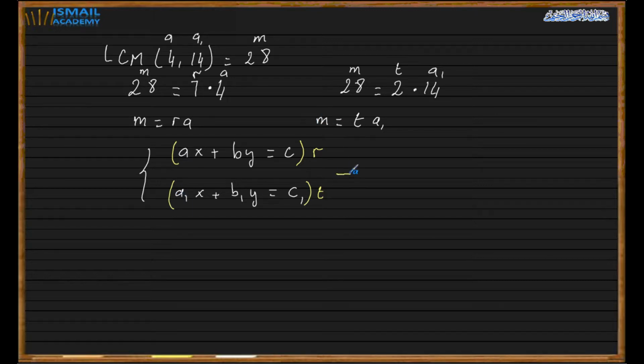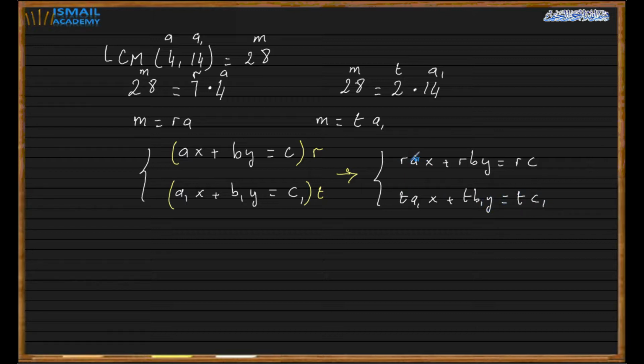After I distribute the R on all terms, it's going to be RAX plus RBY equals RC, and here I will have TA1X plus TB1Y equals TC1.